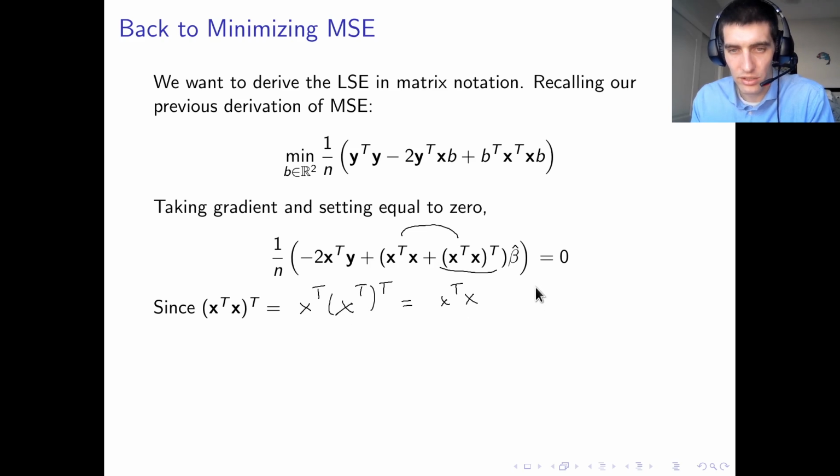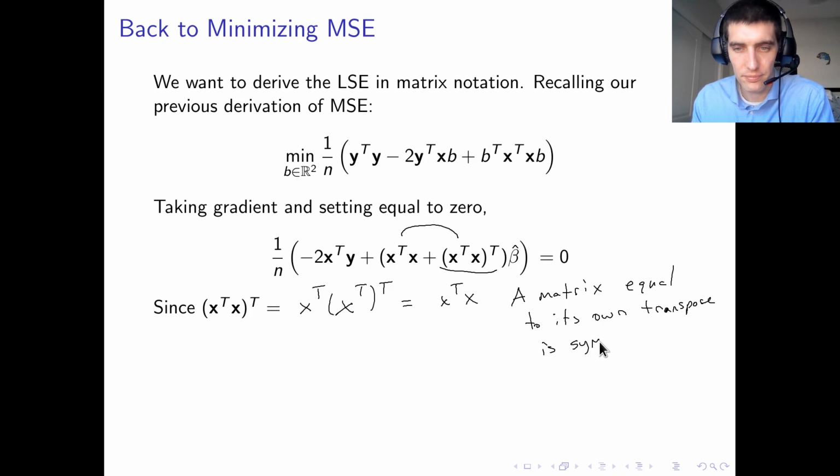In other words, this is just a fact here, but any matrix which is equal to its own transpose is called symmetric. What that means is we sort of swapped rows and columns and it didn't make a difference.